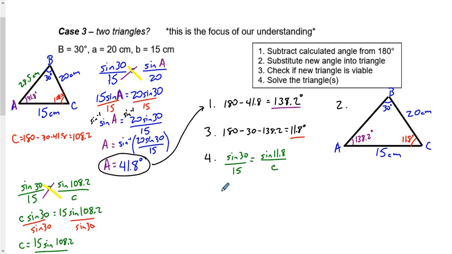Side C. So C multiplied by the sine of 30 would equal 15 multiplied by the sine of 11.8, divided by the sine of 30.